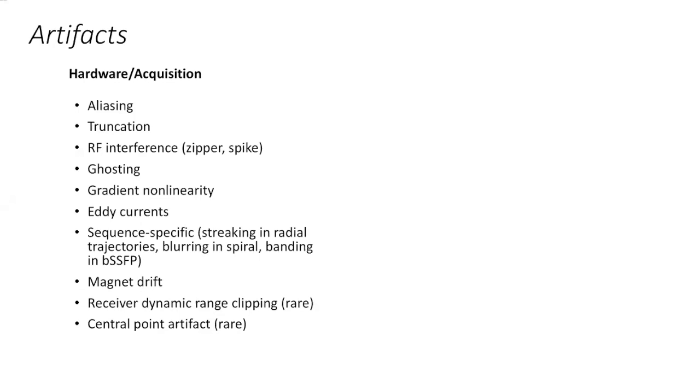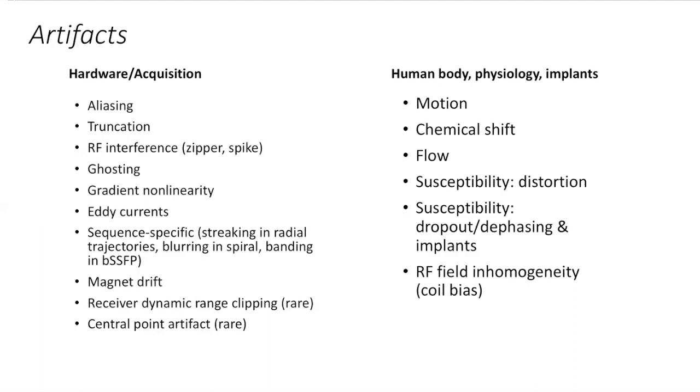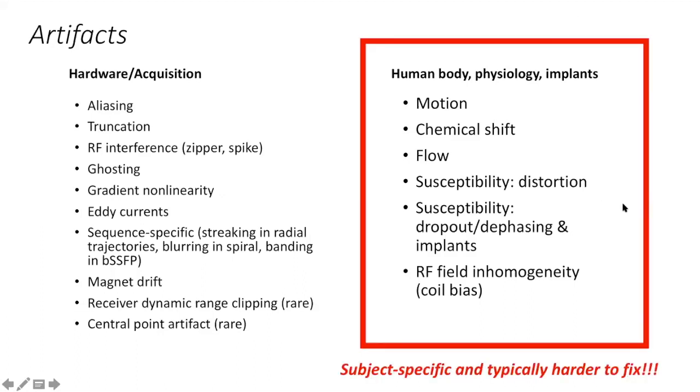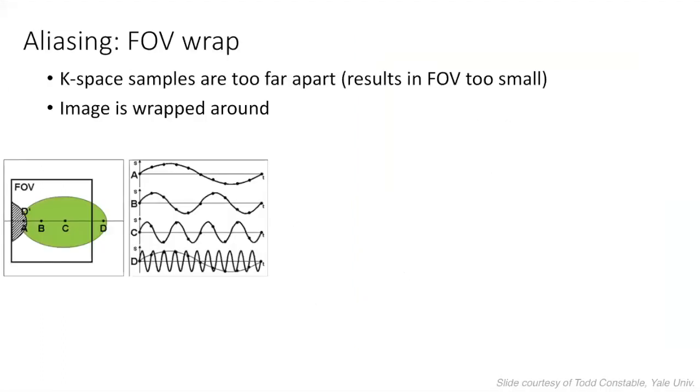And again, if you're interested in more information about them or ones I don't talk about, you can look at some of those educational resources I talked about earlier. And so we have the hardware and acquisition artifacts. The other artifacts that we deal with, such as motion and chemical shift, are typically subject specific and harder to fix. So with that, I'll go into some of the common artifacts that we typically see.